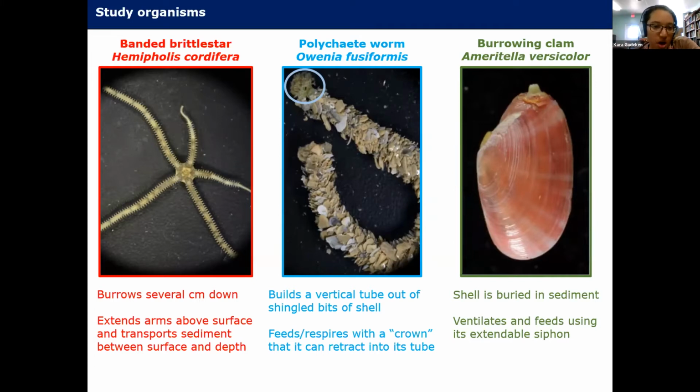I also used a polychaete worm, Owenia, that builds a vertical tube out of these shingled little bits of shell, and it will feed and also respire with this kind of frilly crown that it can retract into its tube. And then I also used a burrowing clam that will bury its shell pretty deep into the sediment, but it will ventilate and also feed using a siphon that it can extend and probe around in the sediment and also along the surface.